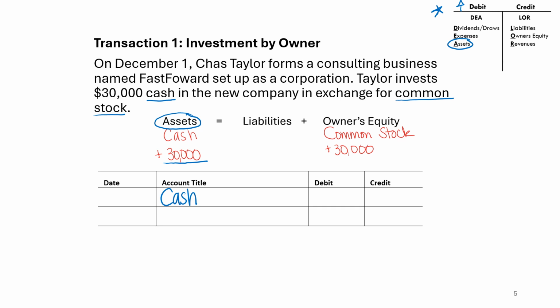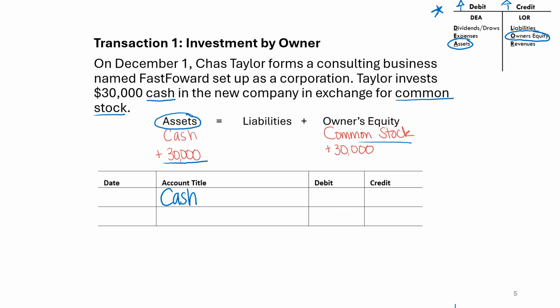So obviously here we know if we're debiting cash, then we would credit our other account. But if we did not know that part already and we were just determining whether or not we debit or credit common stock, it is an owner's equity account. It is increased with a credit.